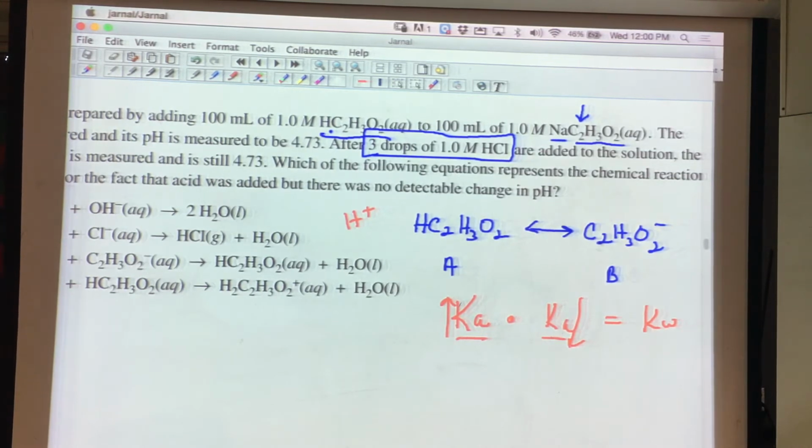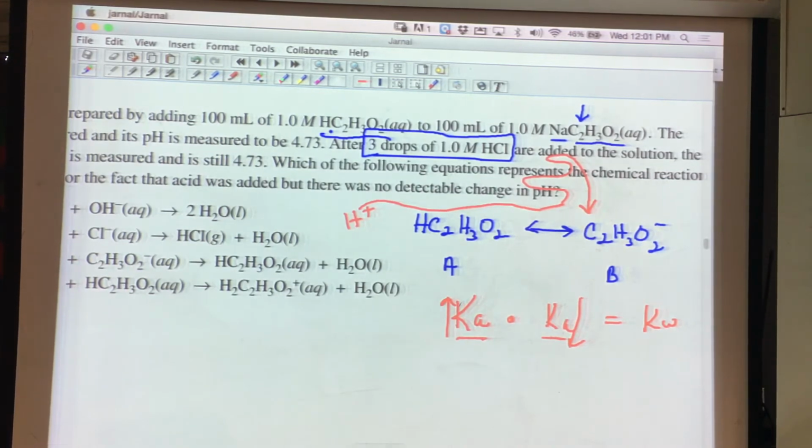Well, because we're dropping strong acid, isn't it going to react with the what? Isn't the conjugate base going to neutralize it? The pH isn't going to change much because I have some conjugate base sitting there.